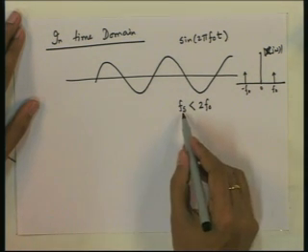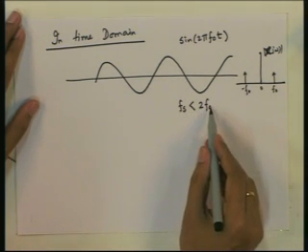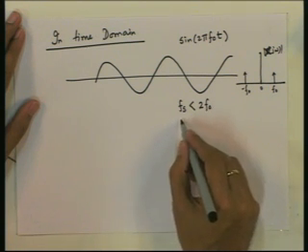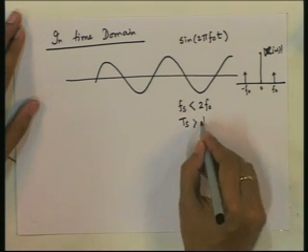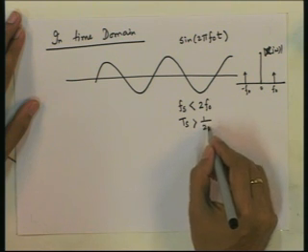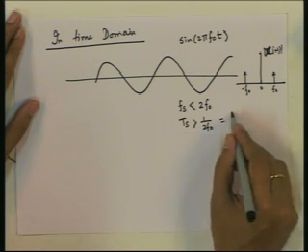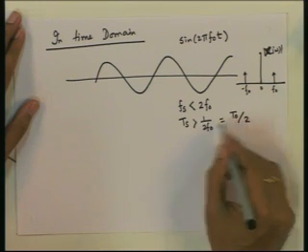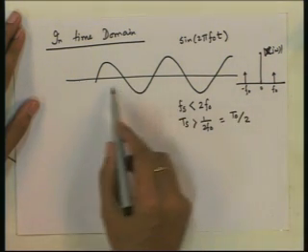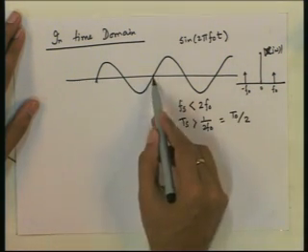Now, sampling frequency is less than 2 f naught. So what does it mean in terms of the sampling period? Ts is greater than 1 by 2 f naught, and that means T naught by 2. 1 by f naught is the period of this, from here to here.